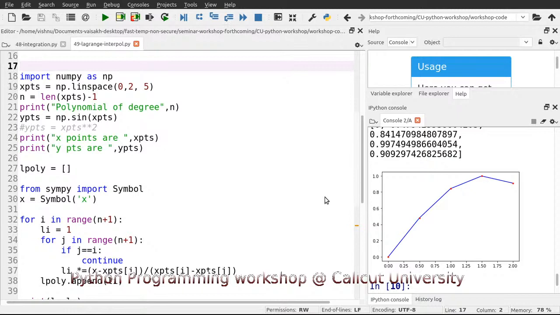One is the forward differences method, and the other is the backward differences method. Okay, so there are two.